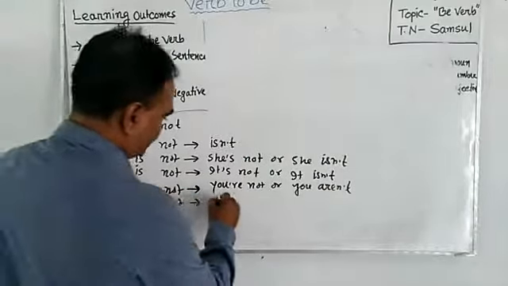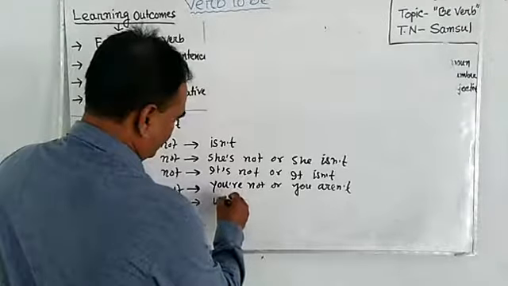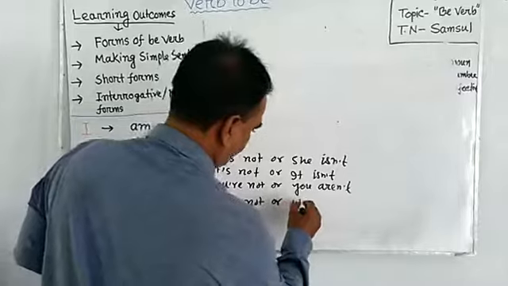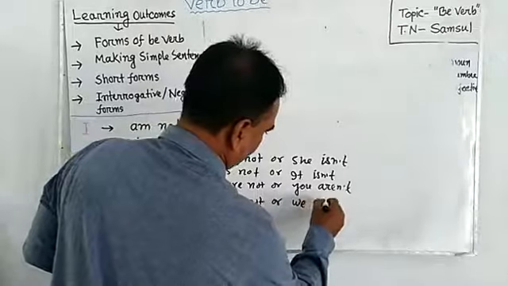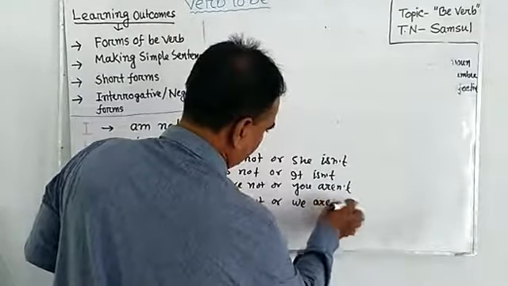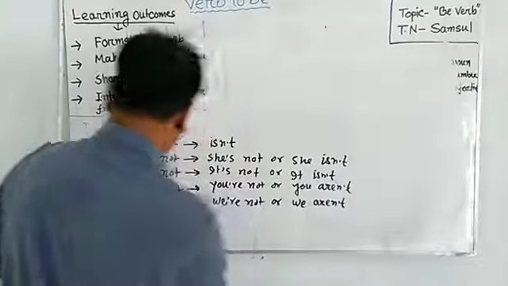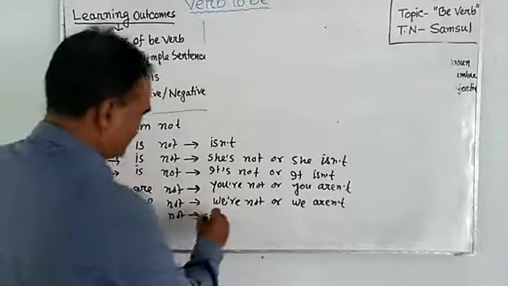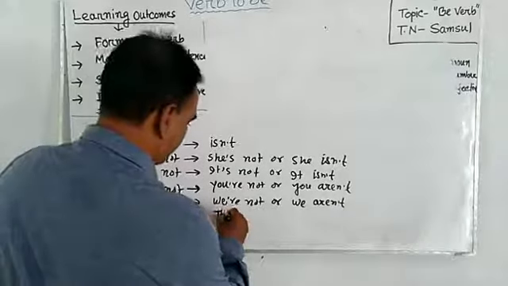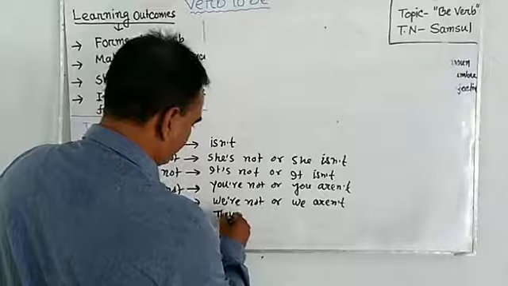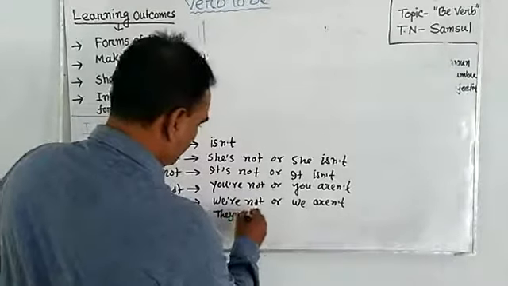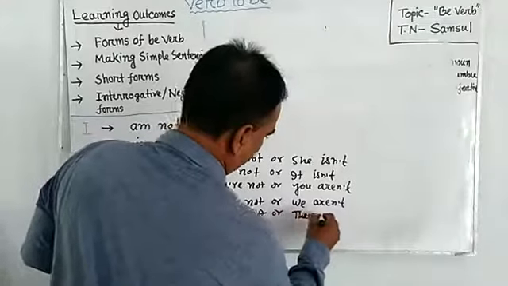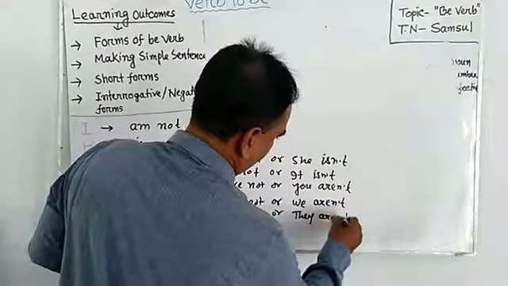The short form is we're not, or we aren't. They are not. The short form is they're not, or they aren't.